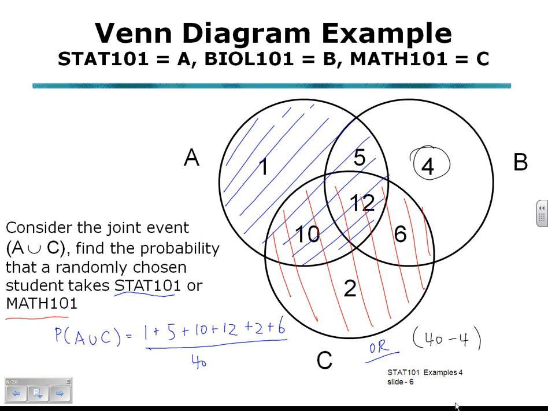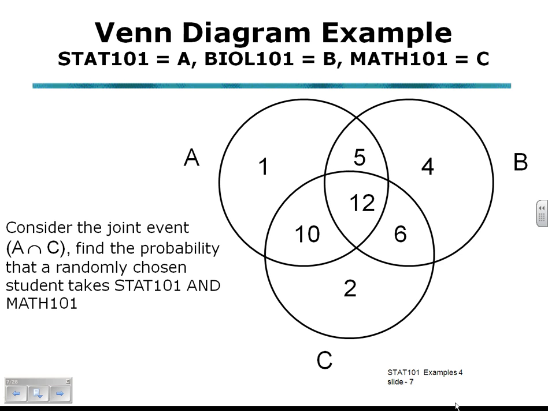So 40 take away 4 should give us the same result, leaving 36 students out of a possible 40, so our probability is 36 divided by 40, 0.9. Remember, we can leave those probabilities as fractions or decimals.